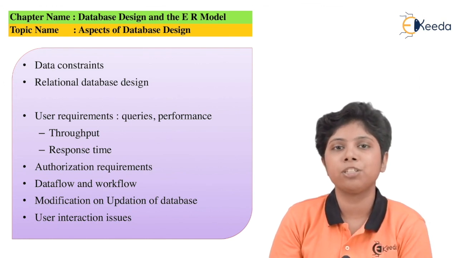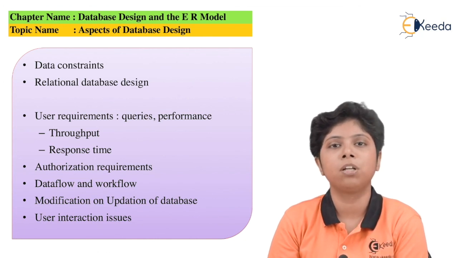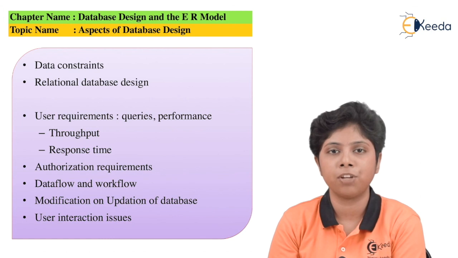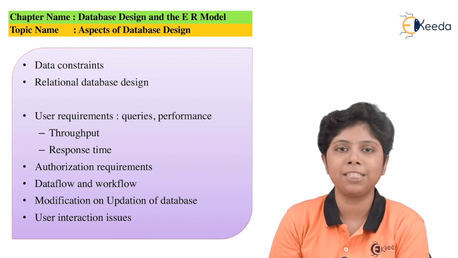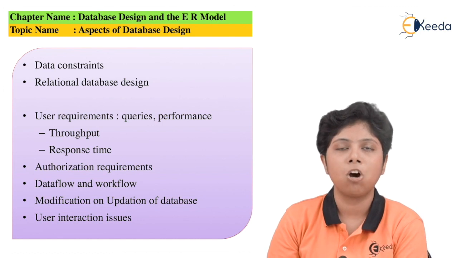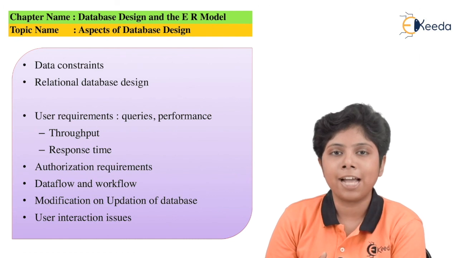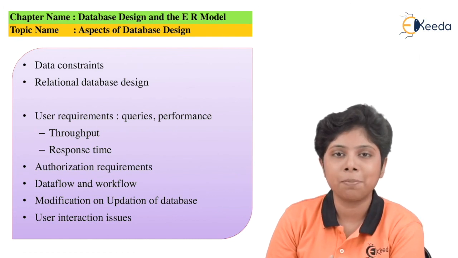Until then, we can just prescribe all the throughput, the workflow, data flow, the authorization, and the constraint specification, to do the best by the designer, with some advice from the experts in this human orientation field. So those are the aspects of designing a database.